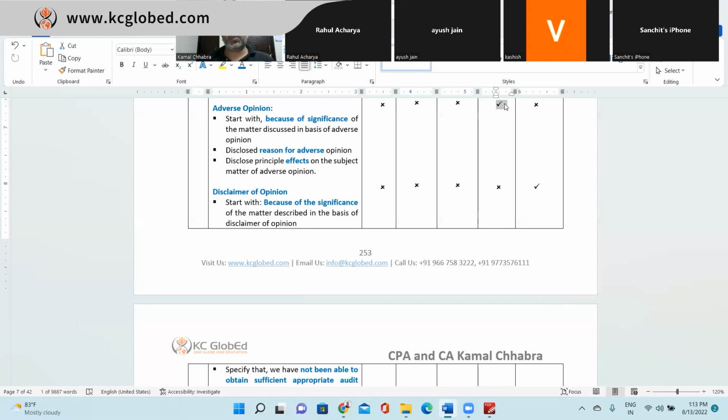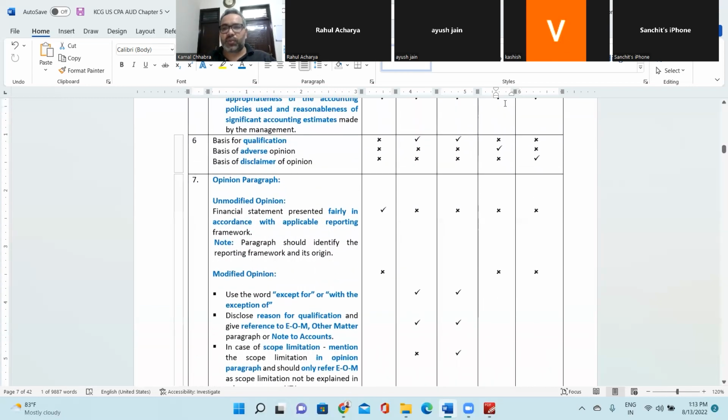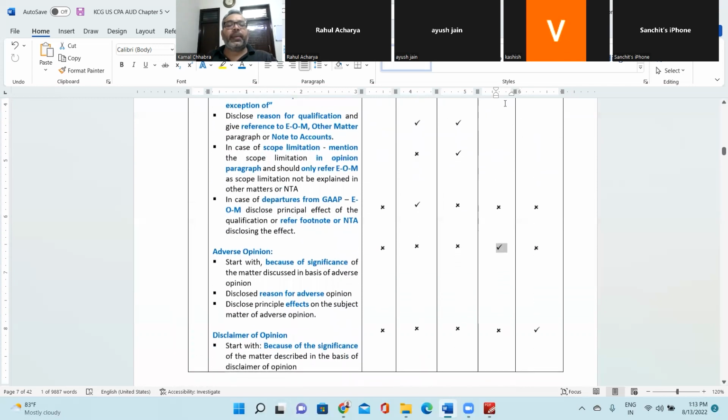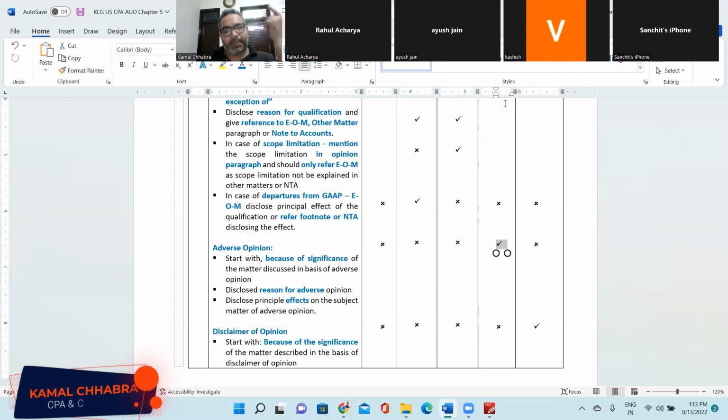Whenever you are writing an adverse opinion, before that you'll be giving a basis of adverse opinion, right? So how do you draft the opinion paragraph? Financial statements presented fairly in accordance with US GAAP, because of the significance of the matter discussed in the basis of adverse opinion paragraph above, right?